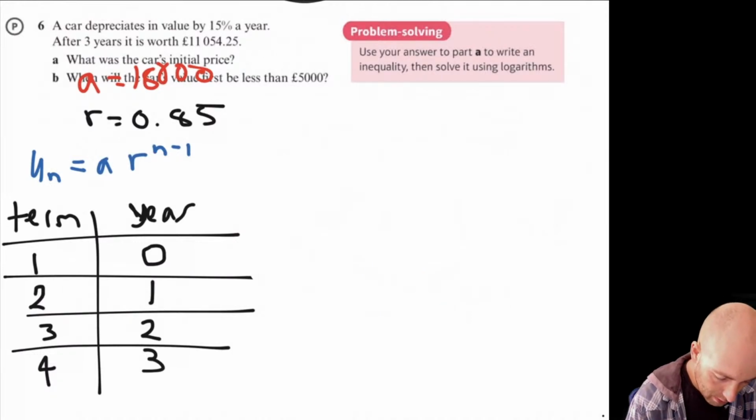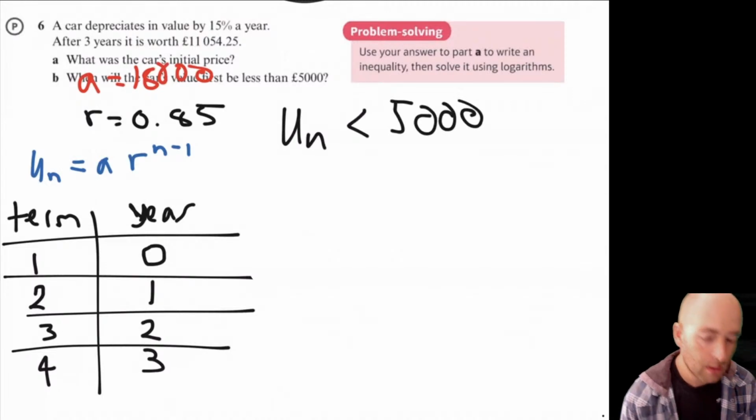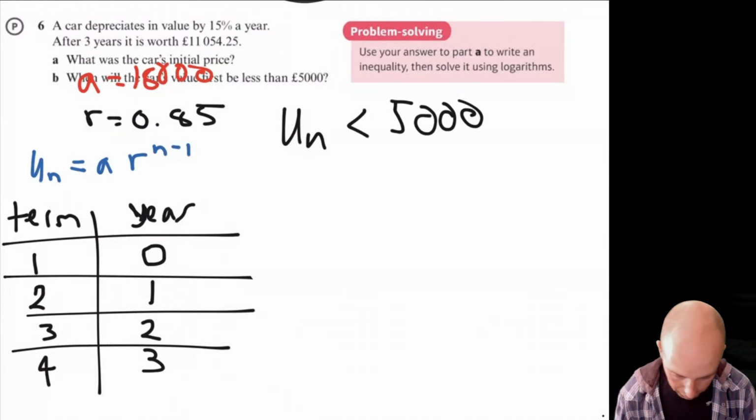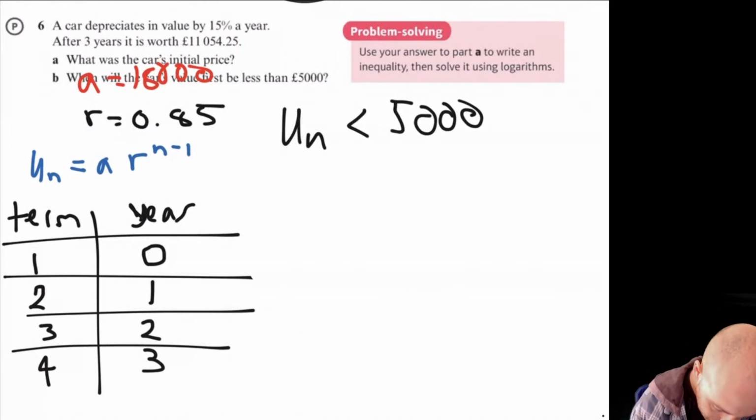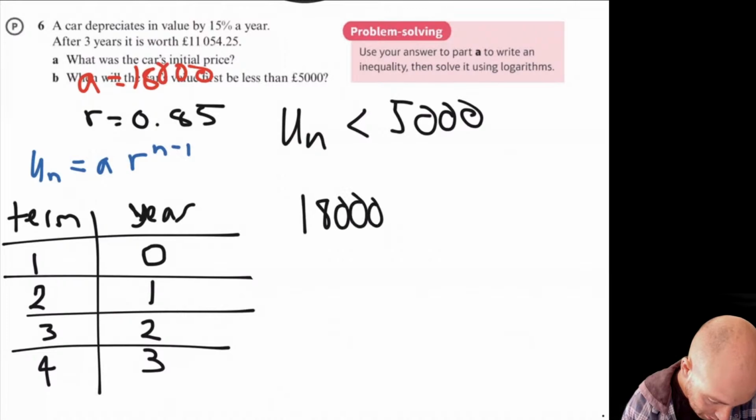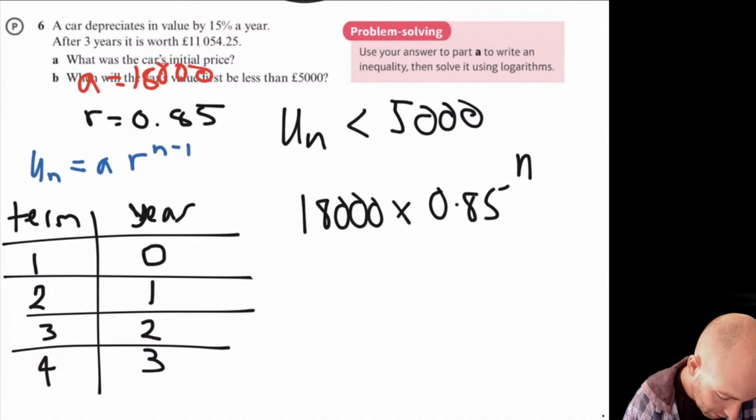So we want to find when is Un less than 5,000. So I'm going to set up an inequality. As it says in the hint, use your answer to part i to write an inequality. So remember, Un is A, so 18,000 times r, 0.85, to the n minus 1.